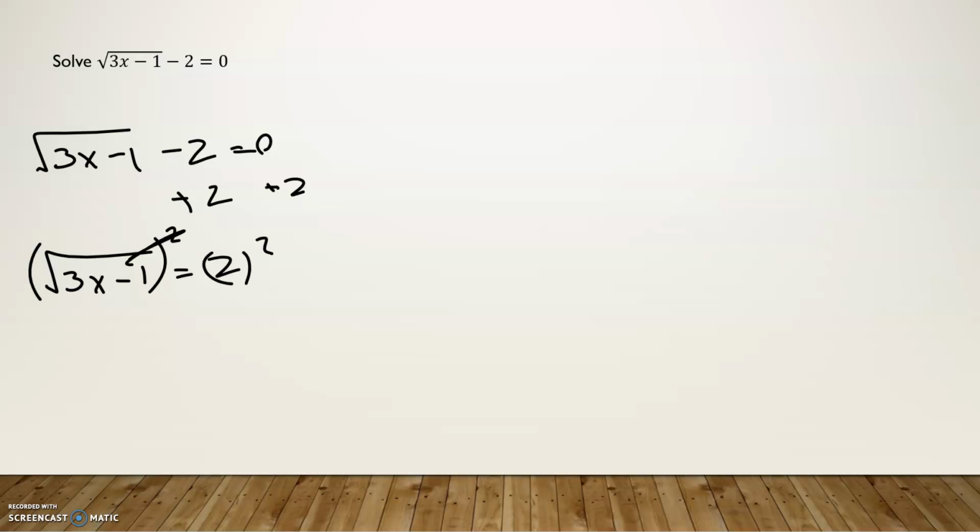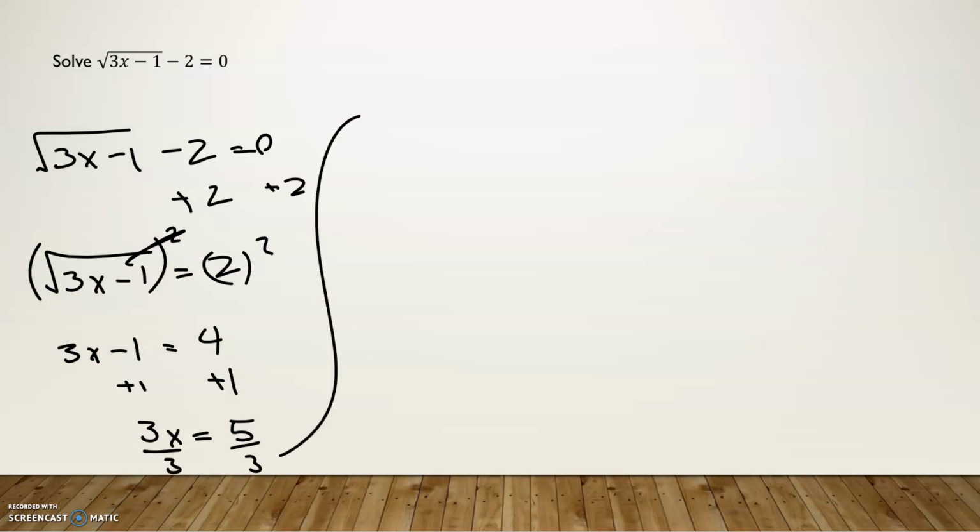These will cancel out, and I have 3x minus 1 is equal to 4. Add the 1, so 3x is equal to 5. And then divide both sides by 3, so we have x is equal to 5 over 3.